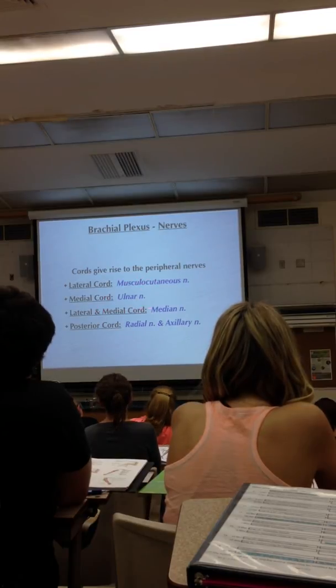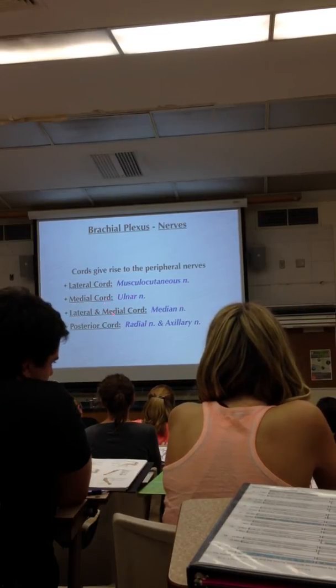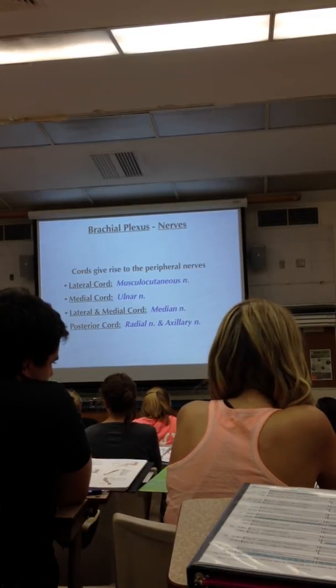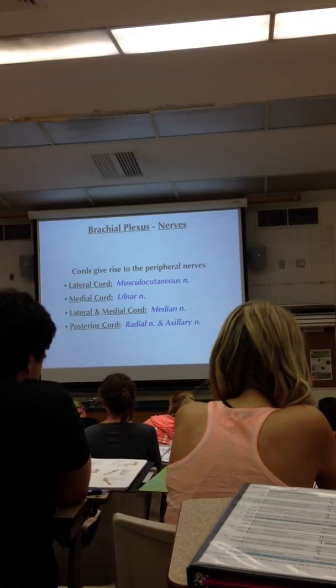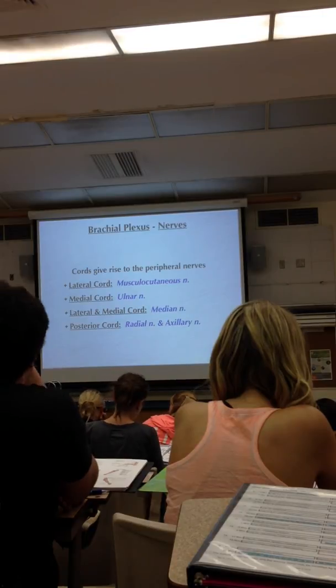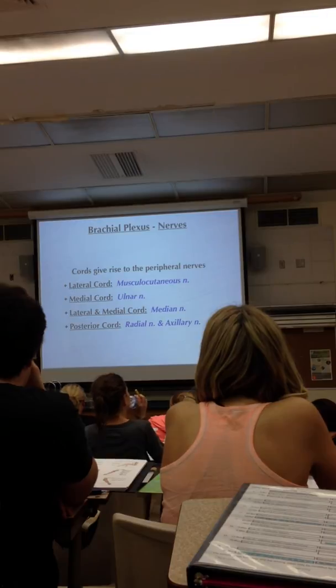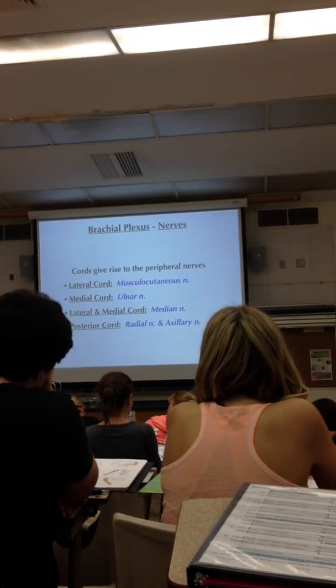And a branch of it will make up the median nerve. The medial chord will turn into the ulnar nerve, and a branch of it will also make up the median nerve. So the median nerve gets contribution from both the lateral and the medial chords. The rest of the lateral chord becomes a musculocutaneous. The rest of the medial chord becomes the ulnar nerve.